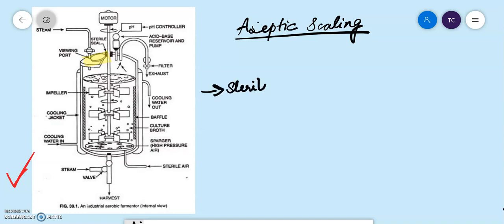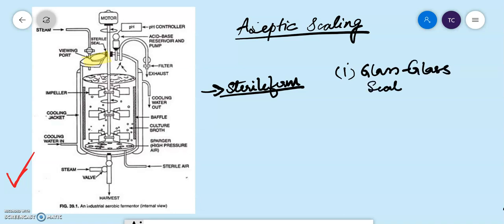Sterile fermentation is the most important desired criterion. Aseptic sealing is used to prevent contamination. There are three types of aseptic sealing. One is glass sealing.